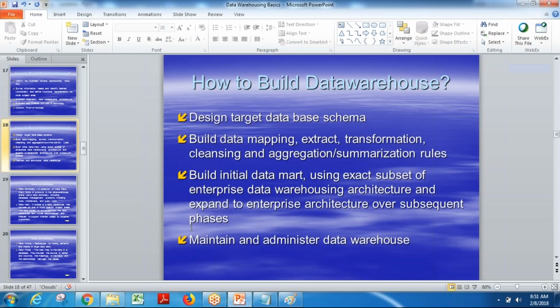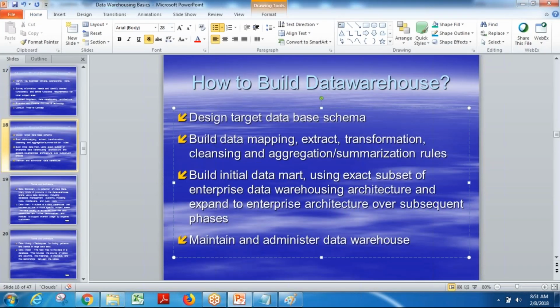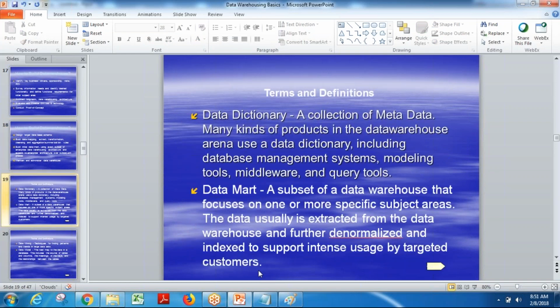Anyway, we'll understand the complete, detailed project life cycle again. Once you load the data into the data warehouse, we analyze and maintain the data for a longer time, right? So that's pretty much how we define it.